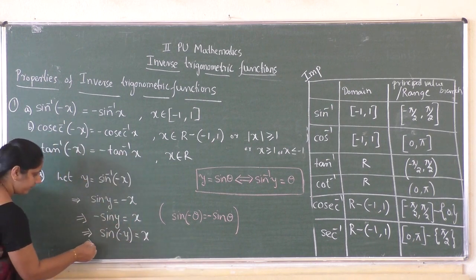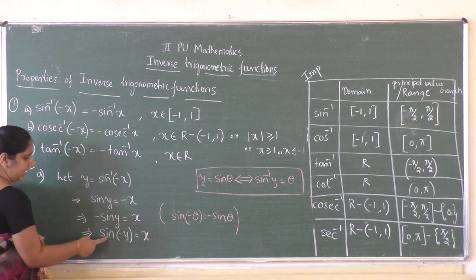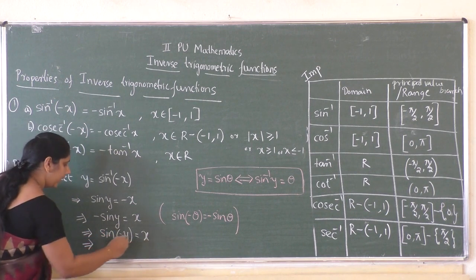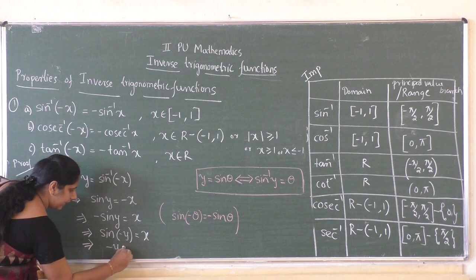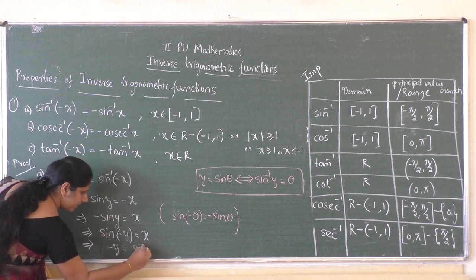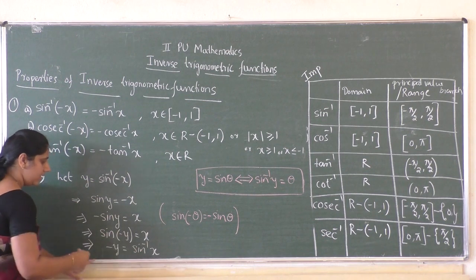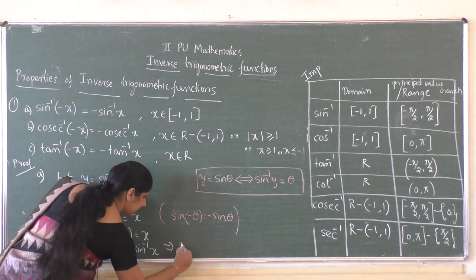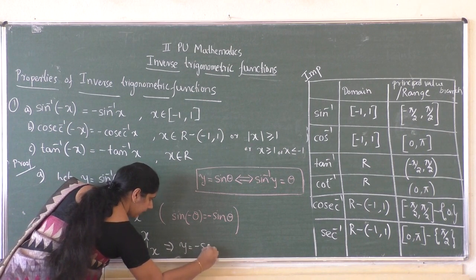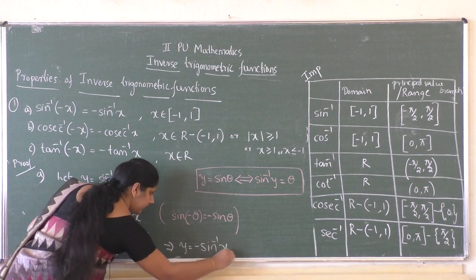Now again, sine of minus y equal to x implies minus y equal to sine inverse x. Now we will take this minus to right side, that implies y equal to minus sine inverse x.